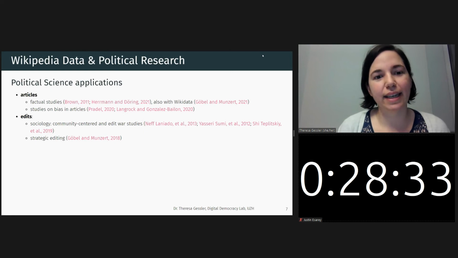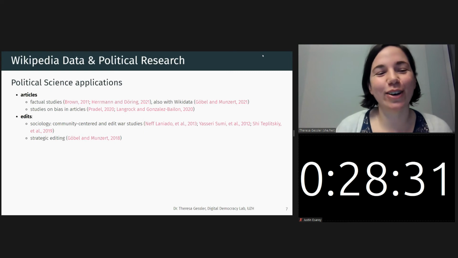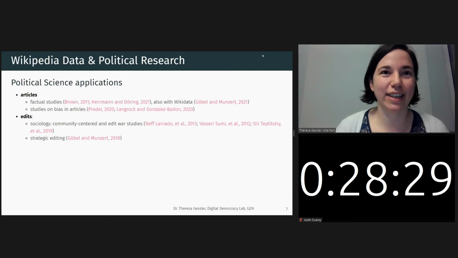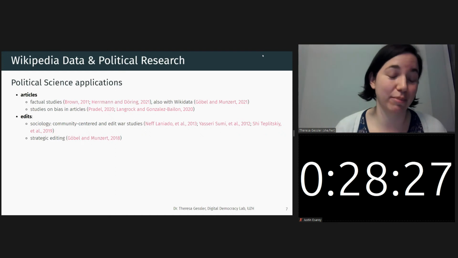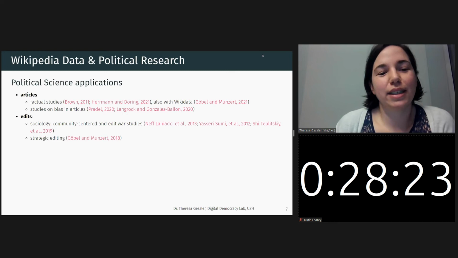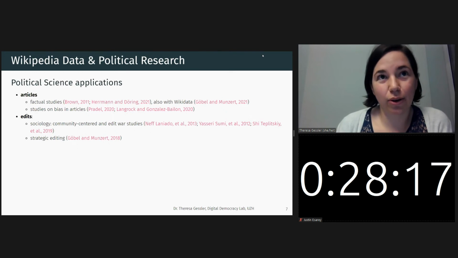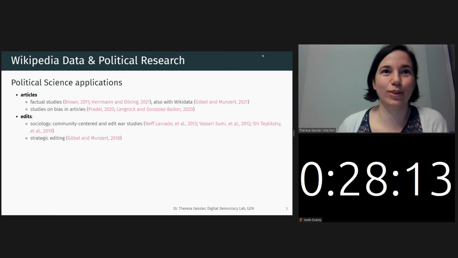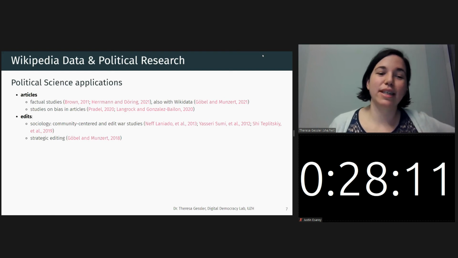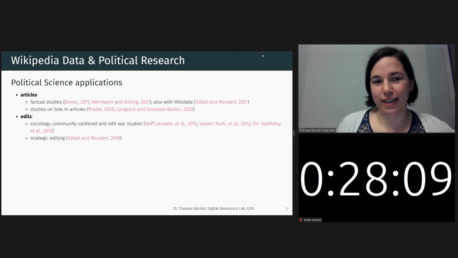However, my literature review has only identified a single study that really addresses political implications of this, a study on strategic editing that argues that the electoral cycle and so on can tell us about when politicians are more likely to engage in strategic editing of a Wikipedia article.